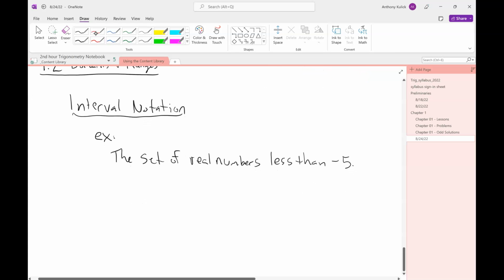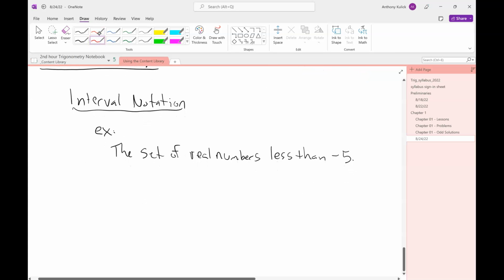Okay. So let's say we want to talk about the set of real numbers that are less than -5. Whenever I'm describing a set or a subset of real numbers like this, I think it's often really helpful to draw the number line to help me represent that. So in this case, I care about the number -5, since it talks about the real numbers less than -5.